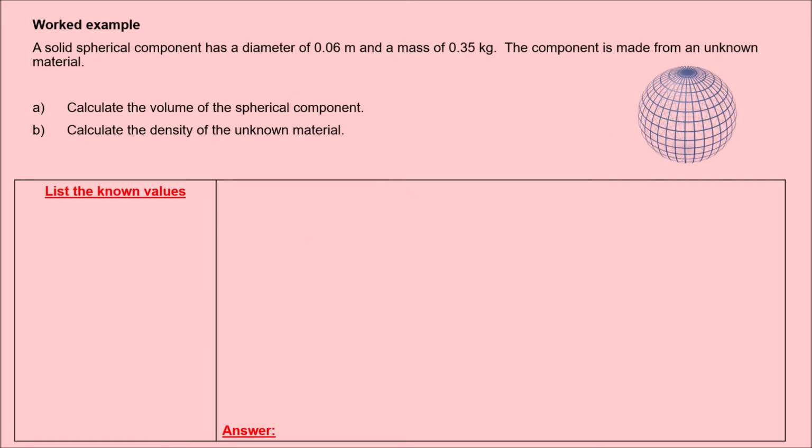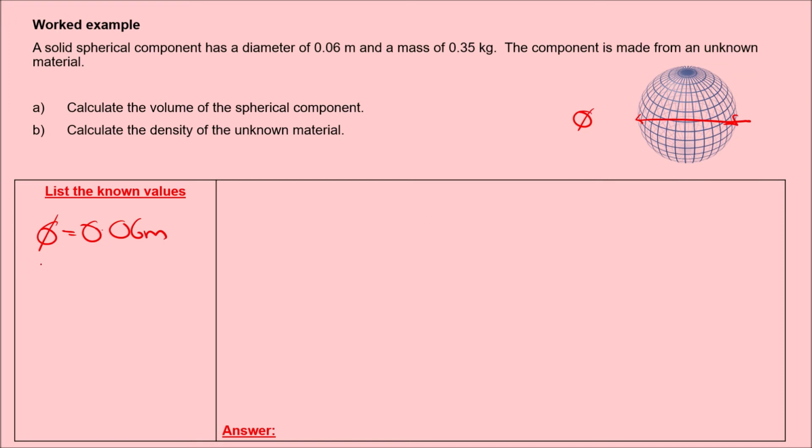Okay, right, next one, slightly trickier because we're introducing just a bit more of a complicated volume calculation. So let's make a little list of our known values here. So we've got diameter is equal to 0.06 meters. Okay, so diameter of this sphere is 0.06.